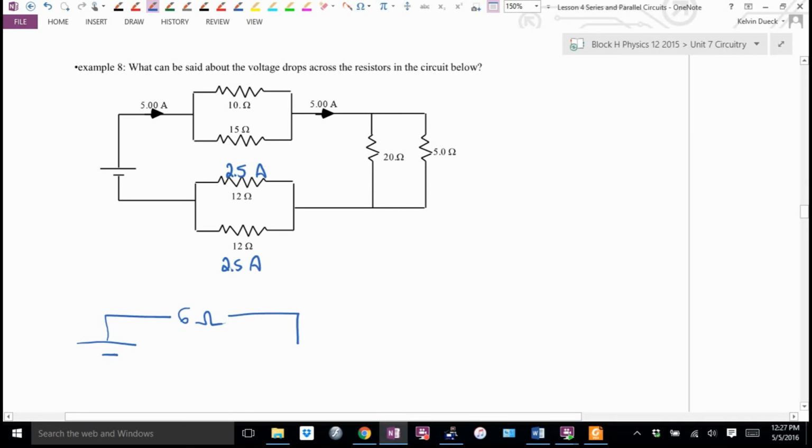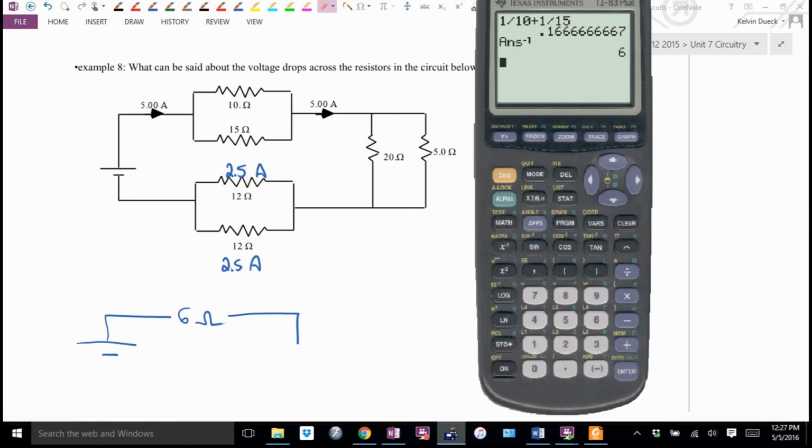Then, these two resistors are in parallel with each other. I can replace those two with one resistor, not 25. That would be if they were in series. It's going to be 1 divided by 20 plus 1 divided by 5 equals reciprocal.